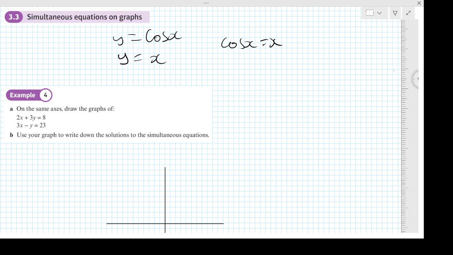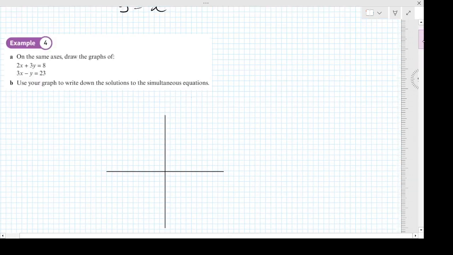So we can't solve it exactly. However, we know what these graphs look like. Those two graphs are quite nice to plot, and when they cross over, we can see visually quite quickly where the solutions would be. So it is quite helpful to consider the graphs. But I'll have a look at an example then.